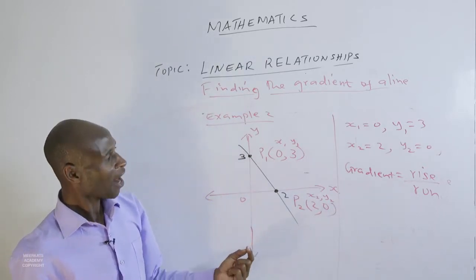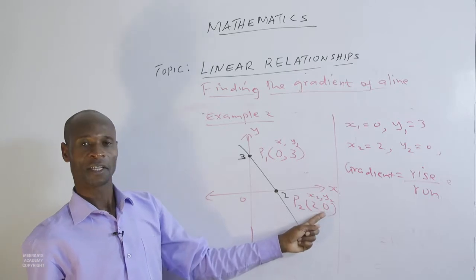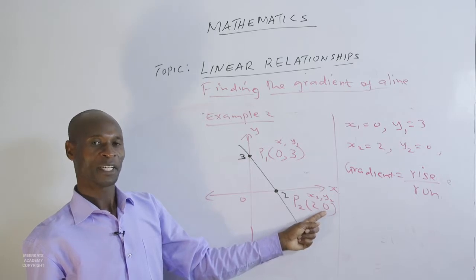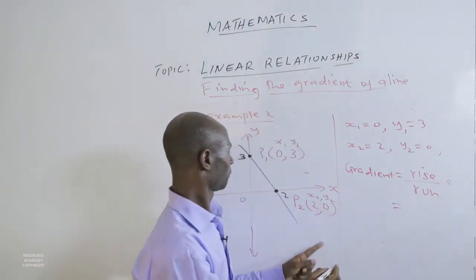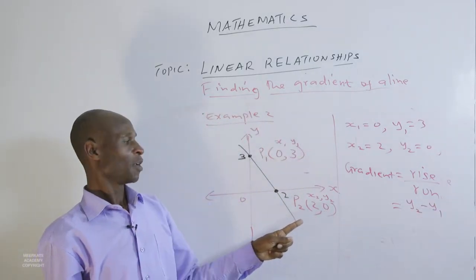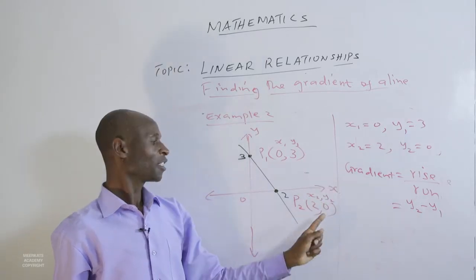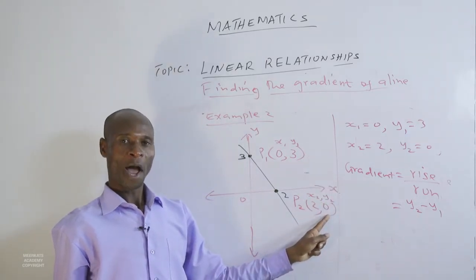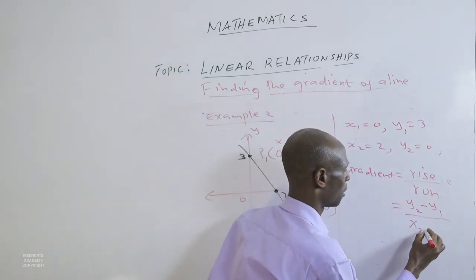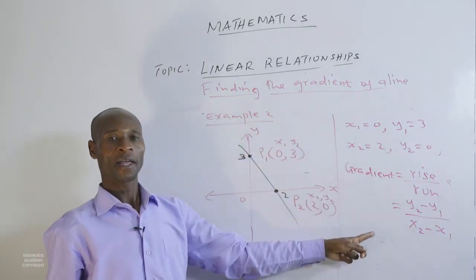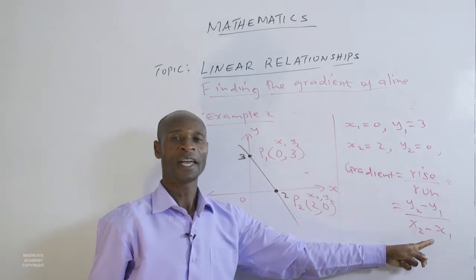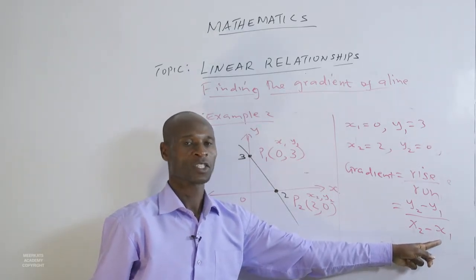In this case, the rise is obtained by subtracting the points on the vertical component, y2 minus y1. That means the second y-coordinate minus the first y-coordinate, divided by the corresponding second x-coordinate minus the first x-coordinate.